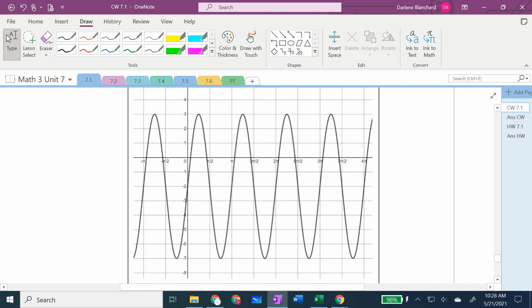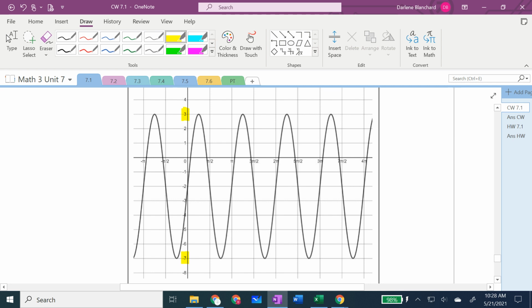You might be able to see the midline. For some of you, you can see it. If you can't see it, you want to look at what is the y's highest value. My highest y value is 3. My lowest y value is -7.